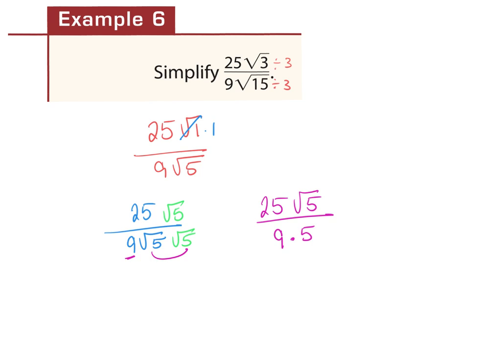Yeah, I can. Now this is on the outside and this is on the outside. Everybody see that? And so I can reduce those. 5 divided by 5, 25 divided by 5. So before I even multiply, you may be able to reduce something once it's outside of the root. So now I'm left with 5 square root of 5 on top, 9 on bottom. I cannot simplify anything else.